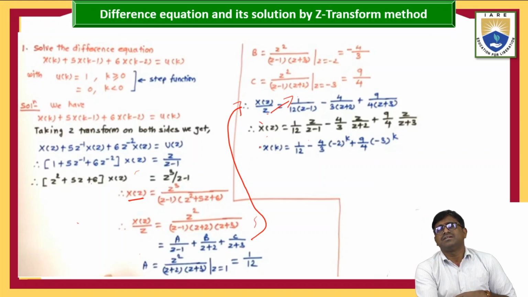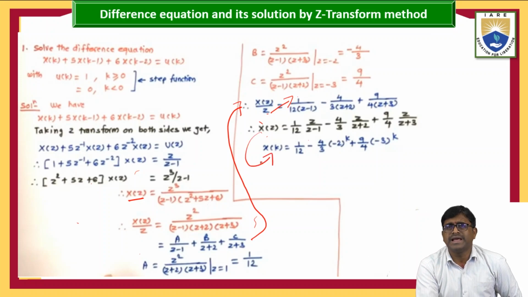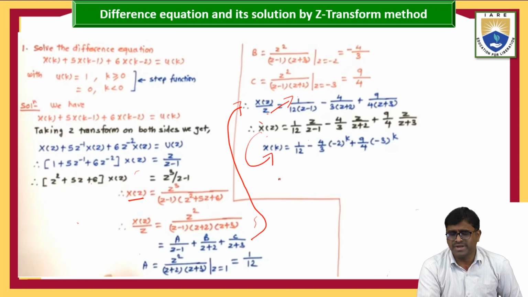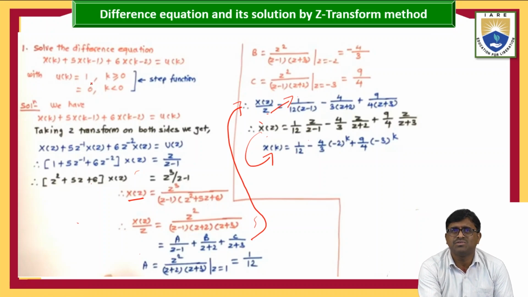Now apply the inverse z transform to get x of k. We know 1 by 12 into z by (z minus 1) has the transform of the unit step, which is 1, so here I multiply by 1.